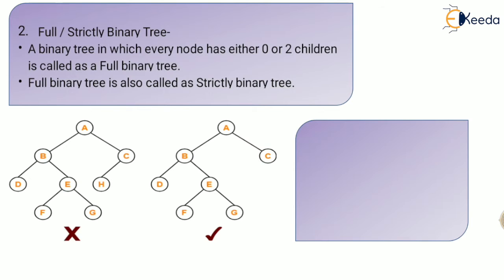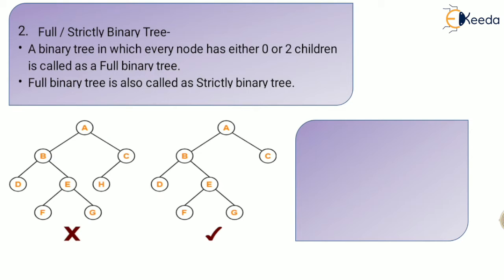Now next is full slash strictly binary tree. A binary tree in which every node has either 0 or two children is called a full binary tree.